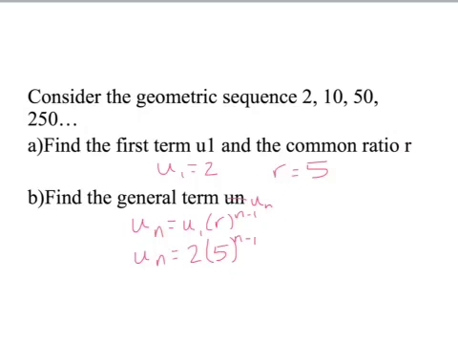Right here is where you want to be really careful. You cannot simplify 2 times 5 because 5 has an exponent.